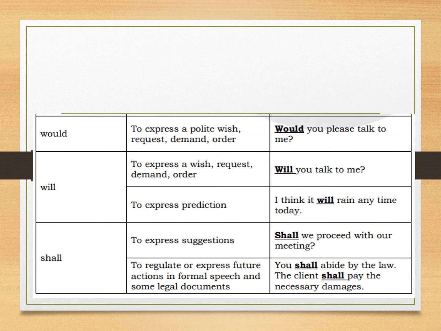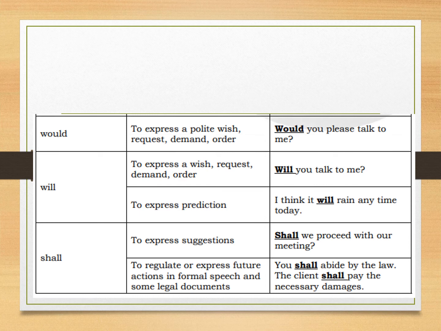Will. To express a wish, a request, a demand, or order, and to express prediction. Examples: Will you talk to me? And I think it will rain anytime today. For the modal shall, to express suggestions.